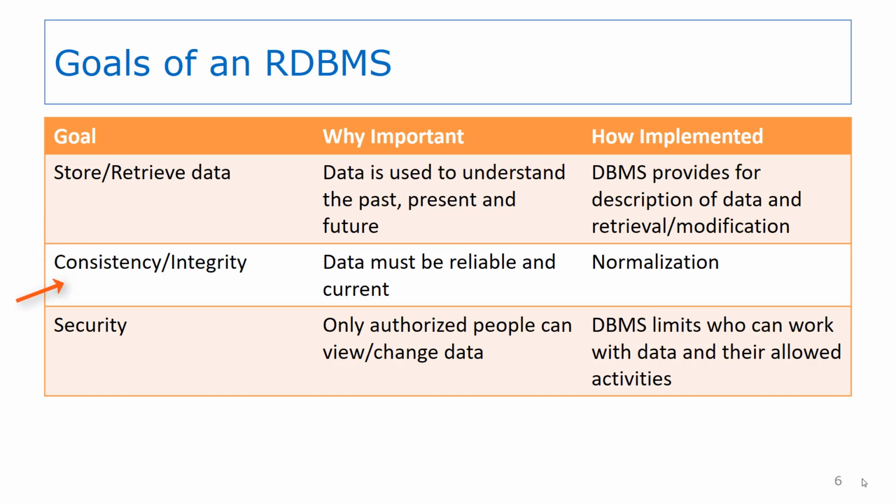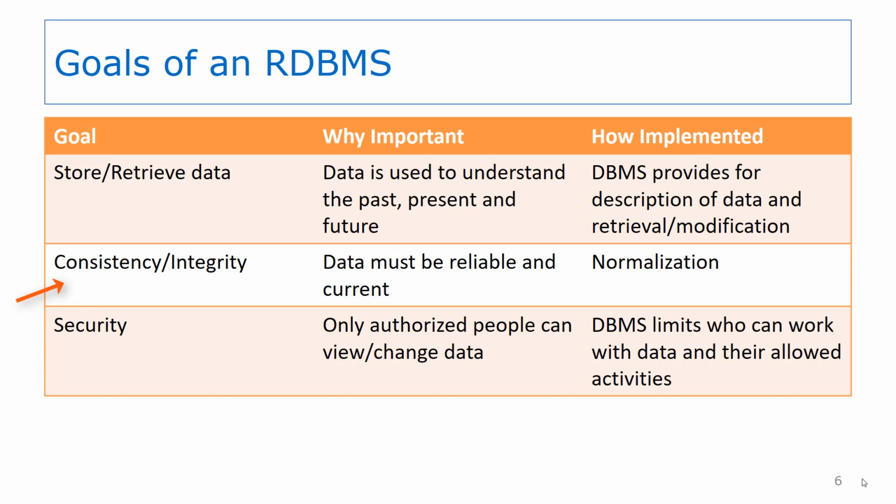Consistency and integrity is another major goal. This is normally done by the person who designs the database, a job that is often performed by a database administrator or DBA. One of the primary ways to ensure database consistency and integrity is by using normalization techniques, which will be discussed in detail later in this course.